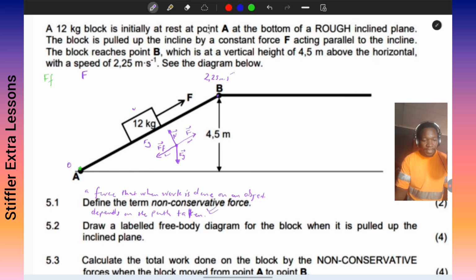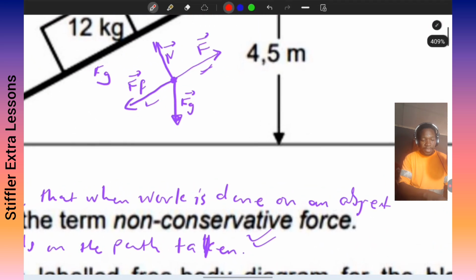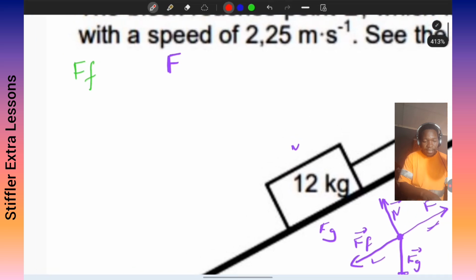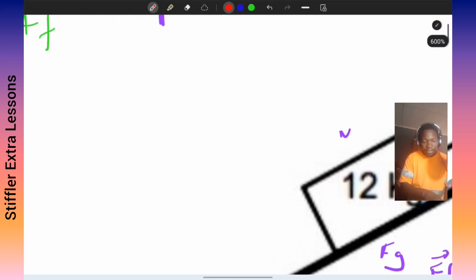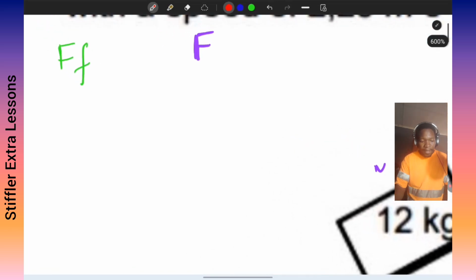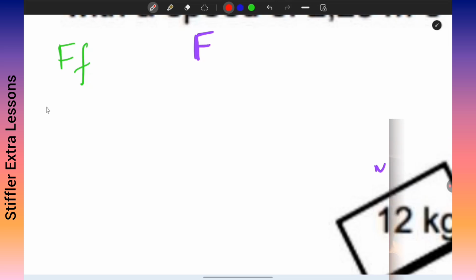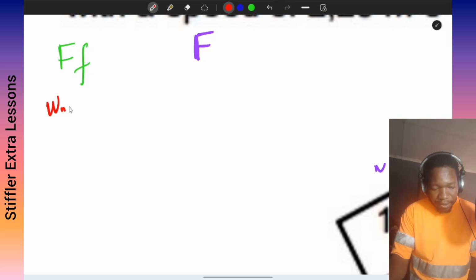These are the forces done by non-conservative forces, right? So how do we calculate the work done by non-conservative force? We know the formula: work done by non-conservative forces is equal to change in EK plus change in EP.